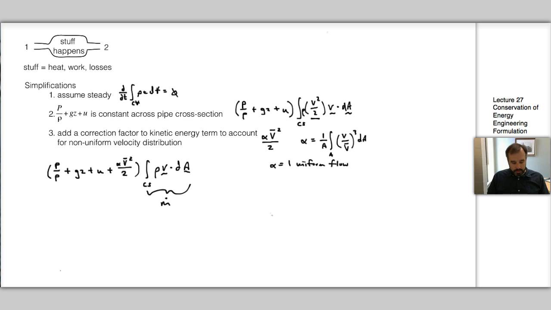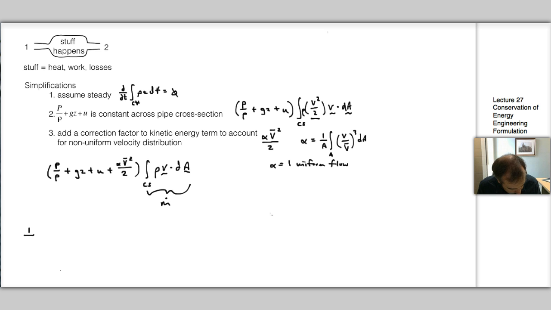Okay? We can now take these simplifications and plug those into our conservation of energy equation. I'm going to move that m dot over, for reasons you'll see in a minute, and rewrite our equation. All right. So with our assumptions, the Reynolds transport theorem and conservation of energy equations will look like this.